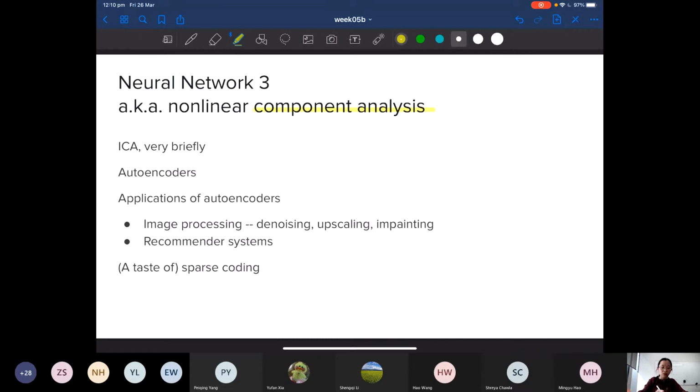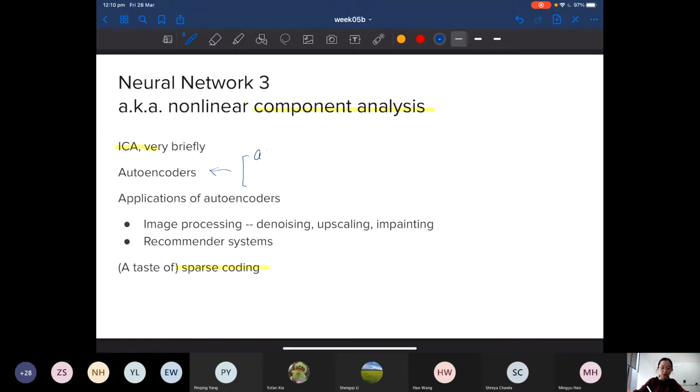The brief mentions include independent component analysis, or ICA, and sparse coding. We will talk in a bit more detail about autoencoders, which are essentially the marriage, or joint application, of two ideas.